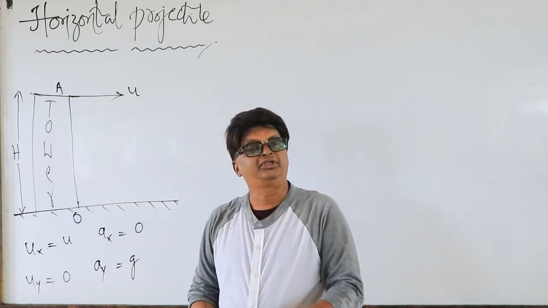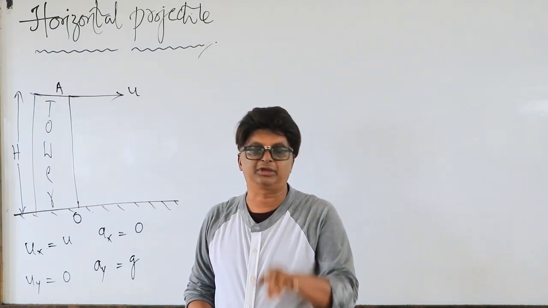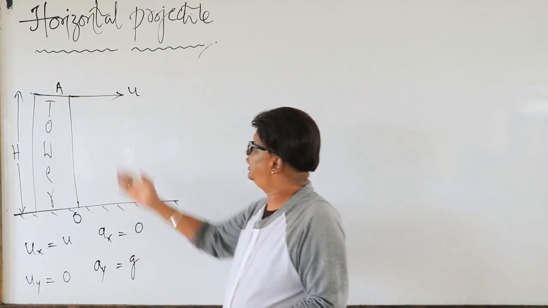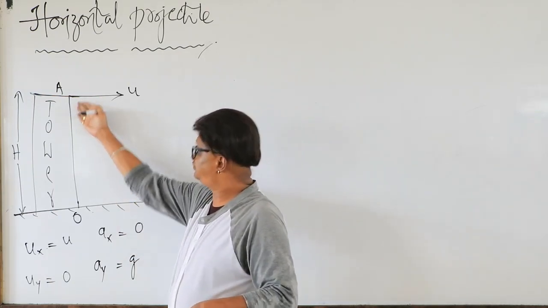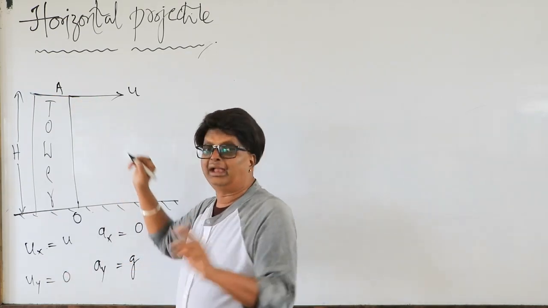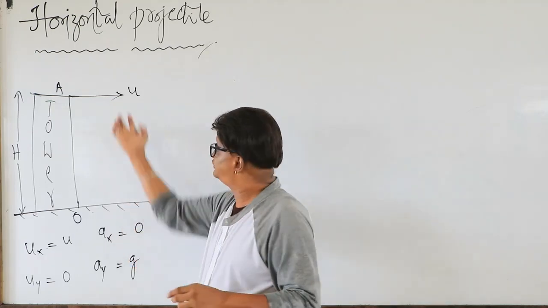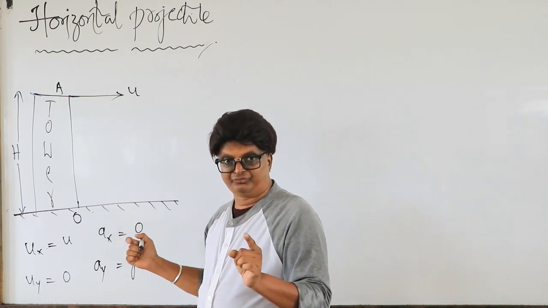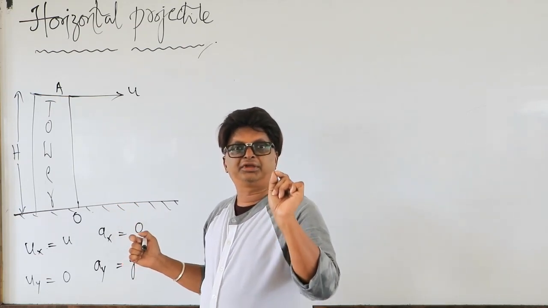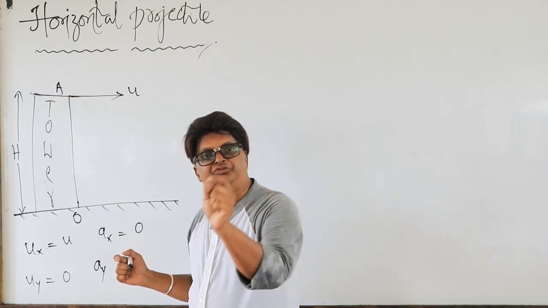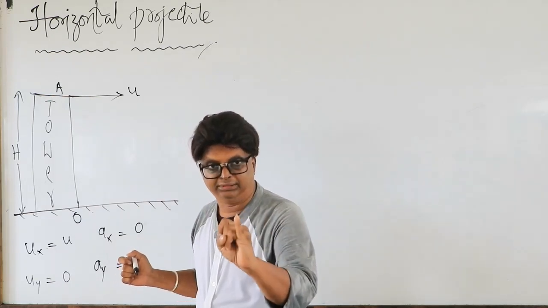Now once again, whether it is plus g or minus g, there will be confusion. I will tell you only one thing: whenever it is thrown horizontally, initially the vertical velocity is 0, and gradually the vertical velocity increases. Underline this point. Why? Because gravity pulls, so the initial vertical velocity is 0, but it gradually increases due to gravity.